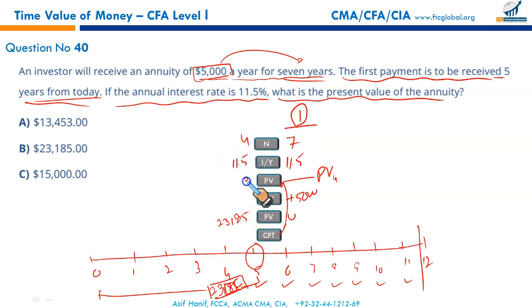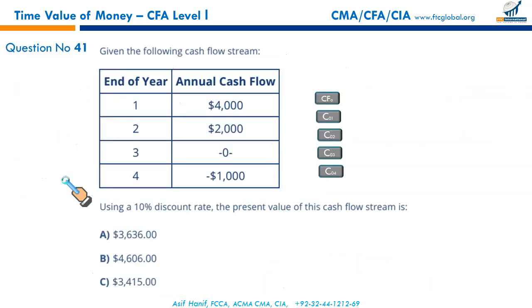We have to calculate the present value. There is no periodic payment anymore. You simply enter 4, 11.5, 0 and 23,185, CPT, PV, and you will get the present value. It will be exactly 15,056.56 or C. Right? I'm sure you people are getting the correct results.